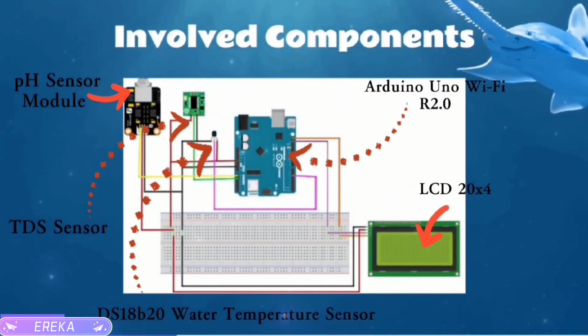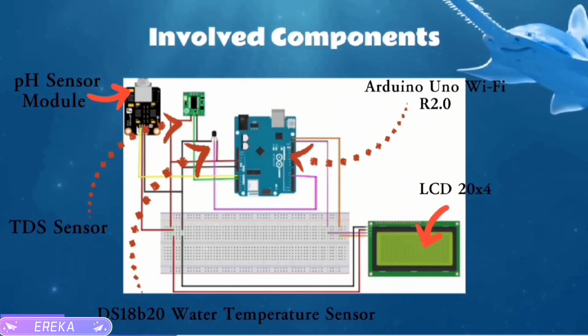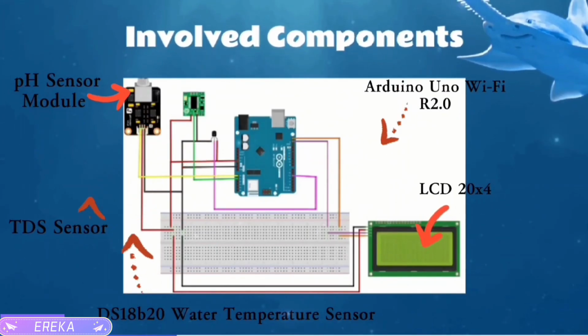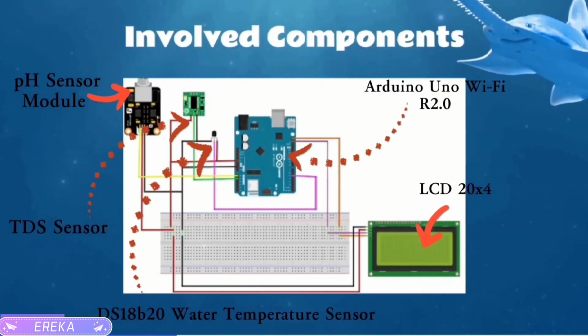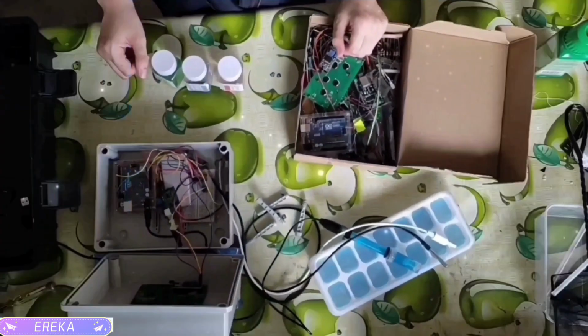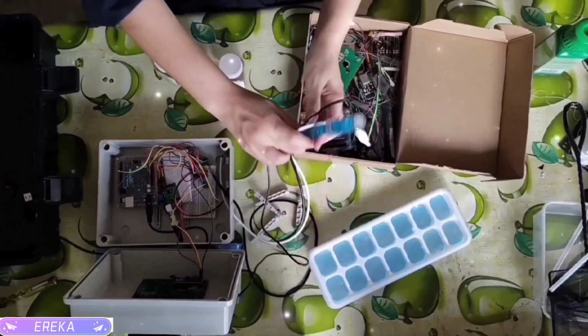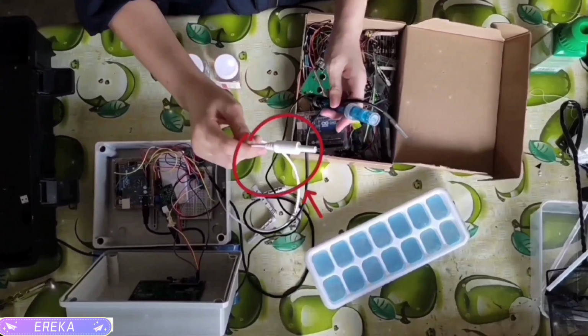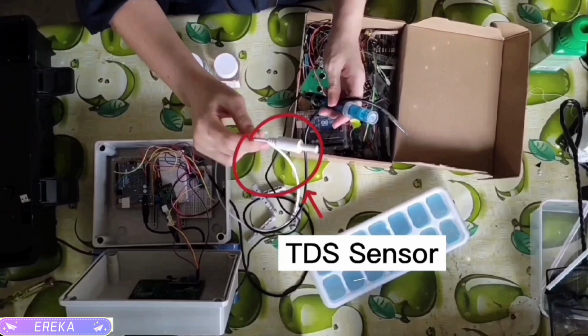This is the project schematic diagram, labeled with the components used in this project. On the next slide, I will provide an explanation of each sensor function. The TDS sensor functions to indicate the total dissolved solids in a solution, usually water.